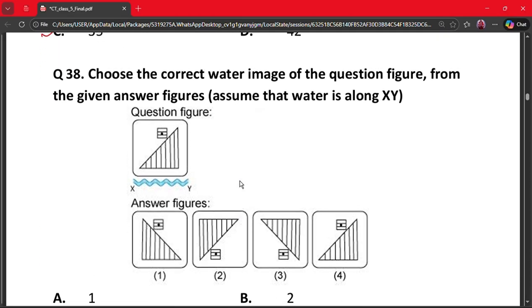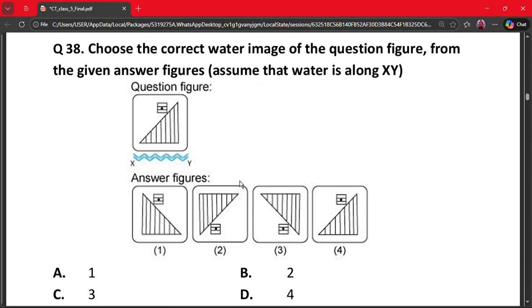Our next question is question number 38. Choose the correct water image of the question figure from the given answer figures. Assume that water is along XY. So here this is the figure like this. So when the water image is here, it will be something like this.